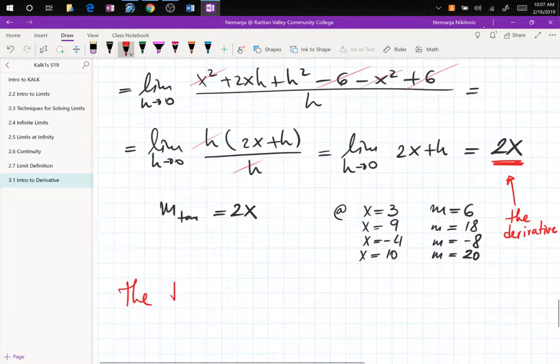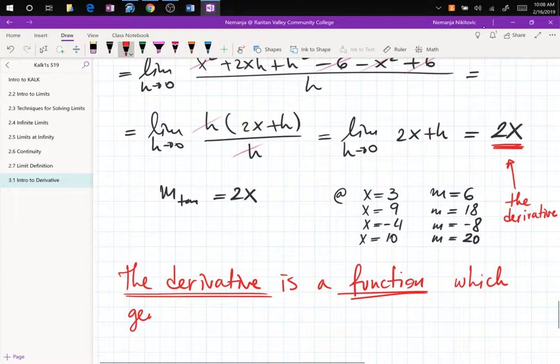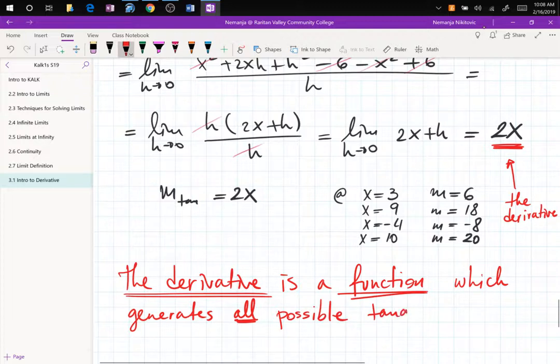So the derivative is a function which generates all possible tangent line slopes.